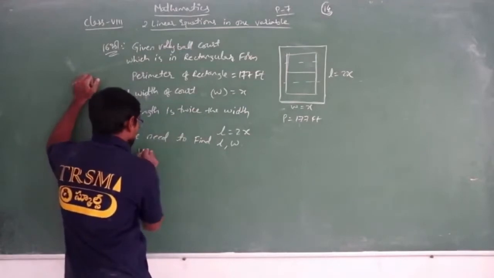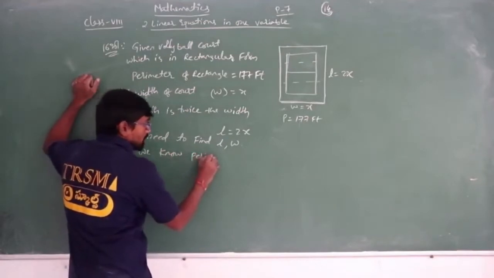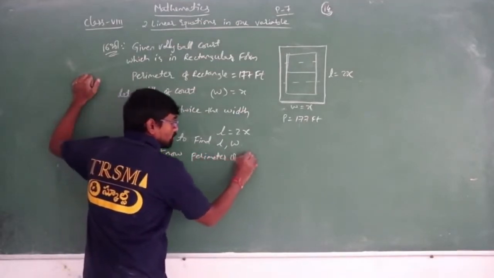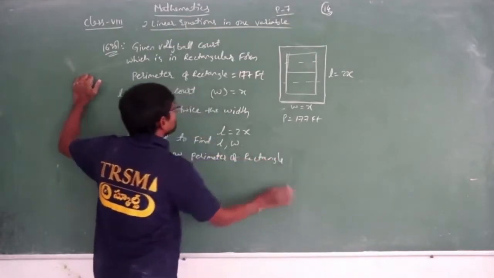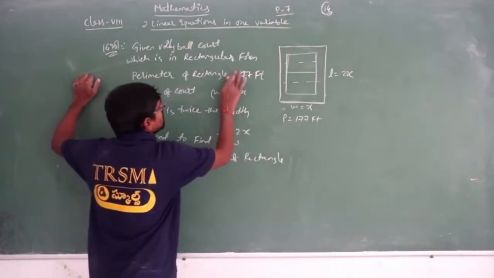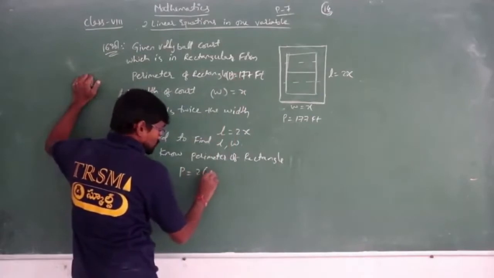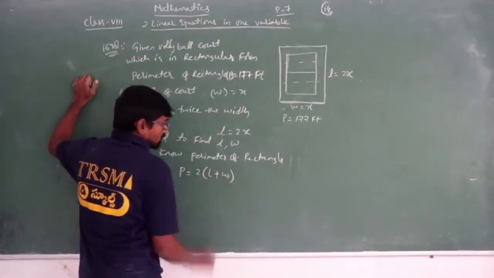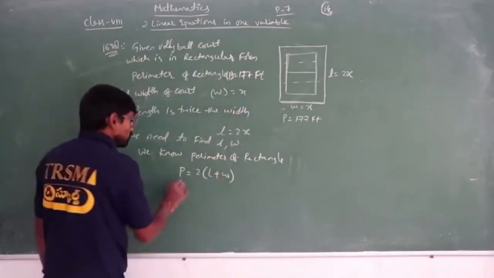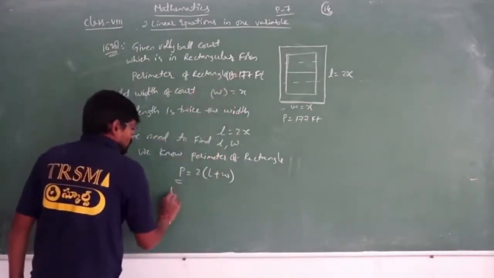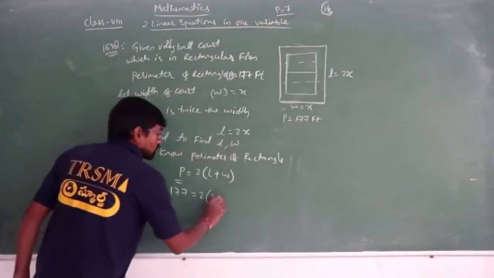We know the perimeter of a rectangle, P, is equal to 2 into (L plus B). In place of breadth we are taking width here. So now the perimeter he had given, 177 is equal to 2 into, what is the length? 2x.